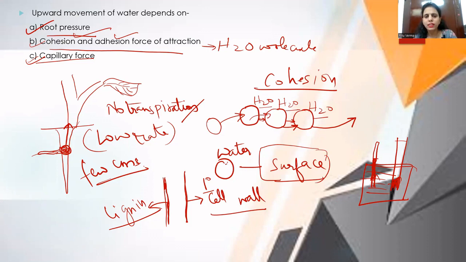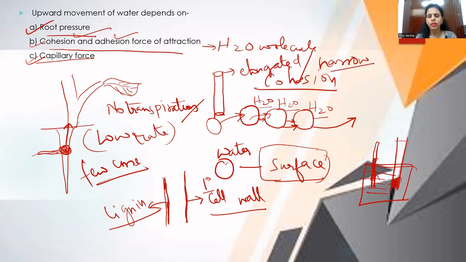The xylem vessels are long, elongated and narrow tube-like structures. So because of being tall and narrow, the water is able to move up.